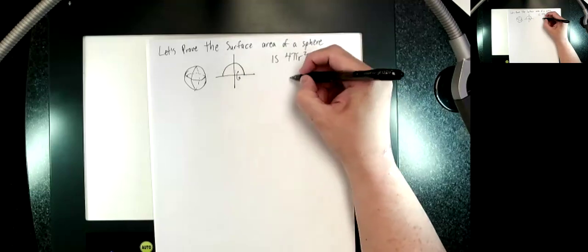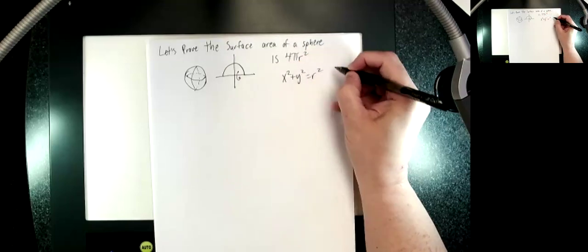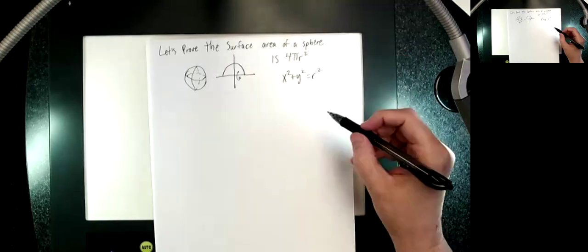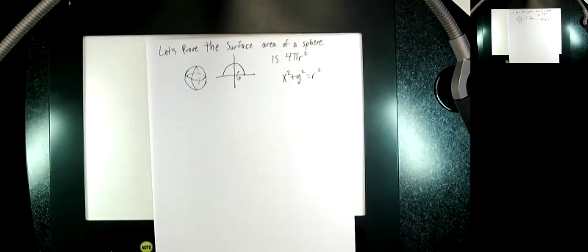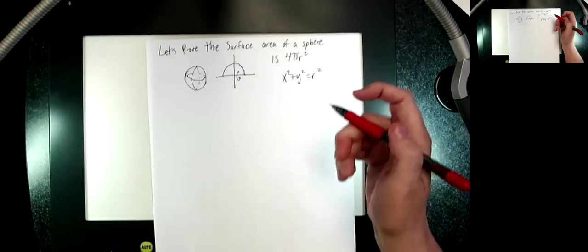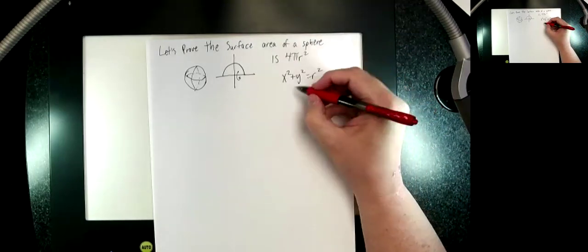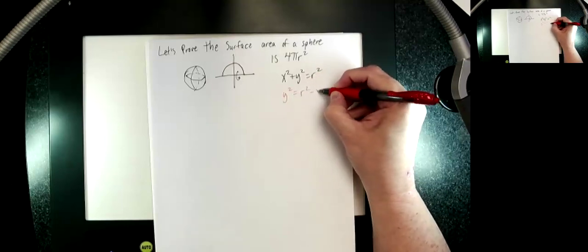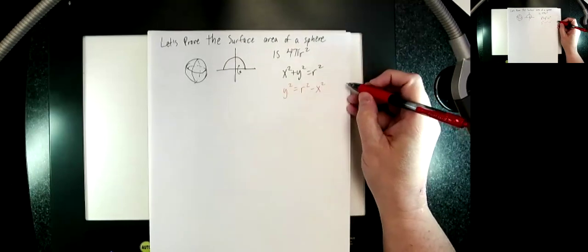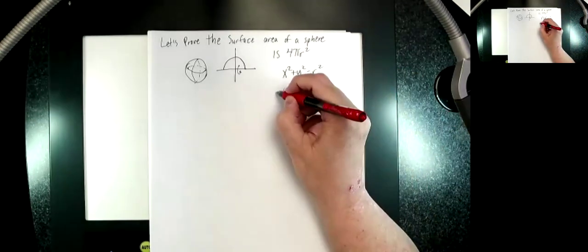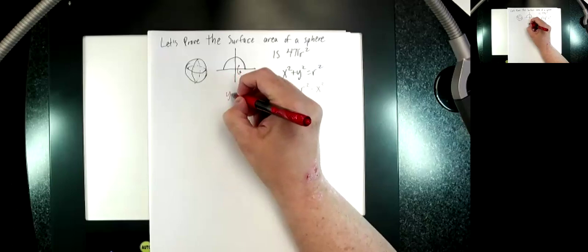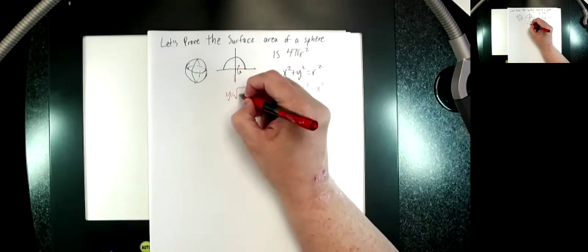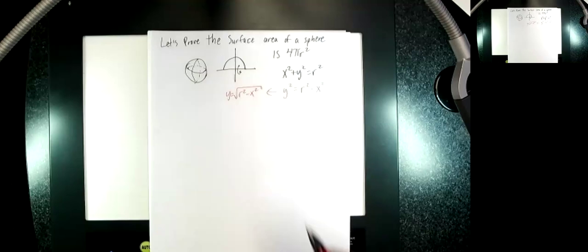So let's start with the equation of a circle. X squared plus y squared equals r squared. That gives us a starting point that'll give us our half sphere if we solve for y. So y squared equals r squared minus x squared, which means y is the square root of r squared minus x squared.